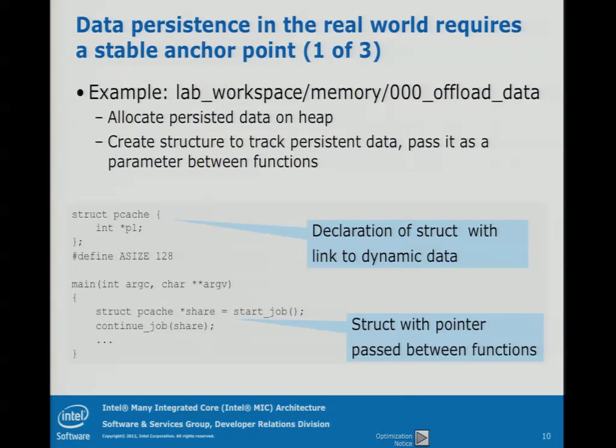And if you flag that with an attribute target mic, you can replicate that anchor point on the MIC as well and hook your data structure into those global variables.